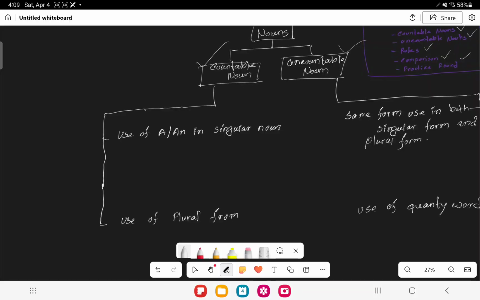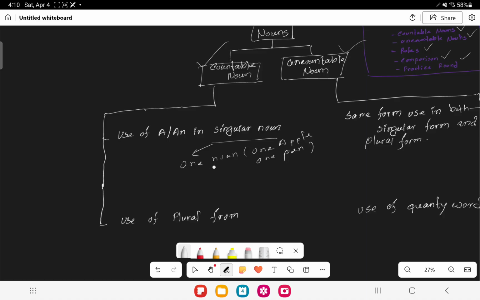When we are using a countable noun, when the noun is singular, what is a singular noun? One noun. One apple or one pen. These are singular nouns.